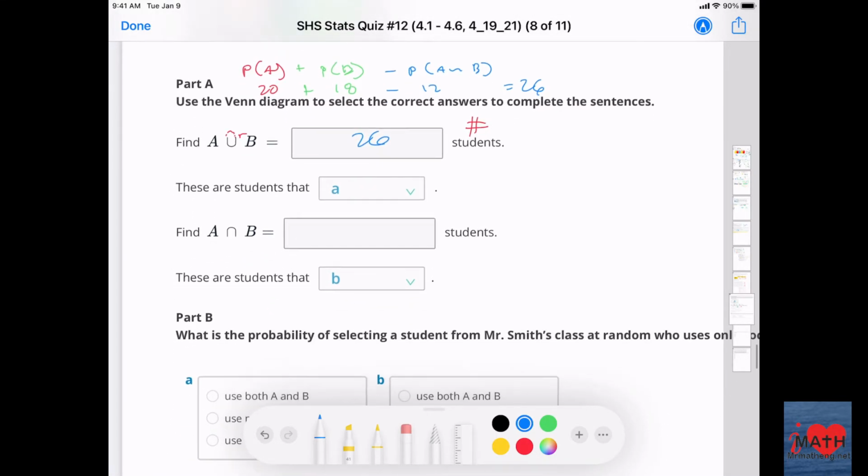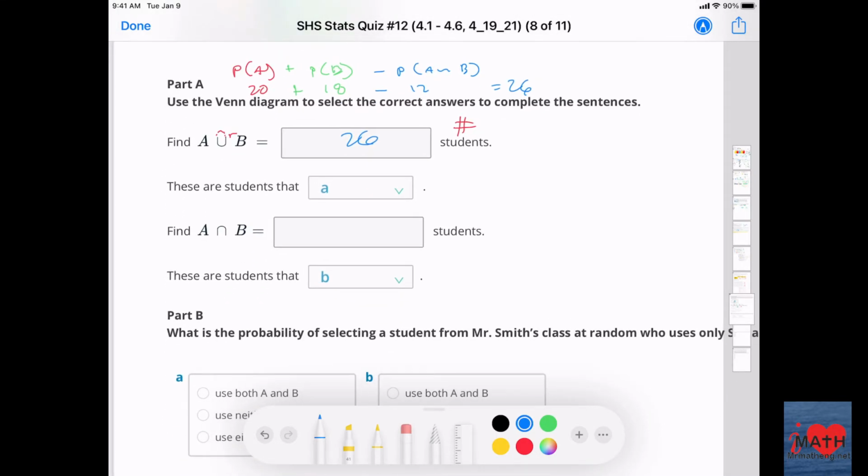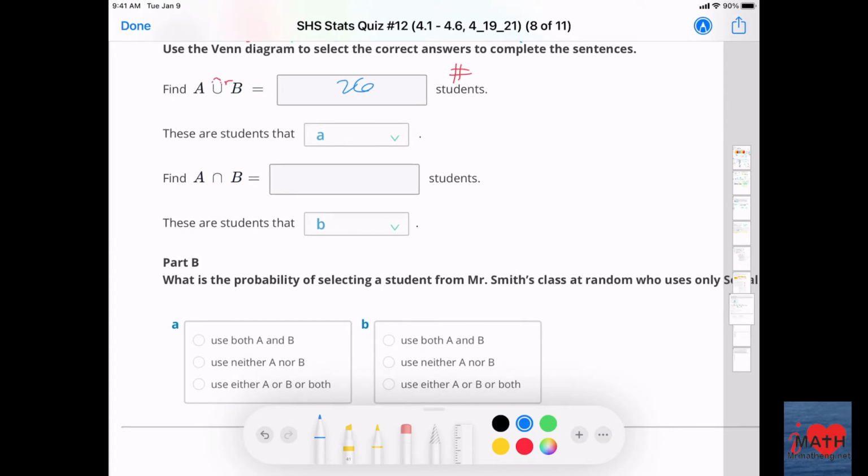Okay, these are students that use either A or B or both. Double check that one.